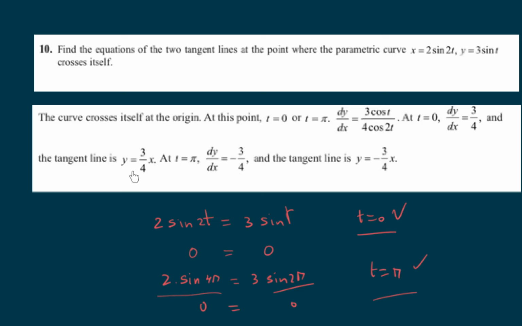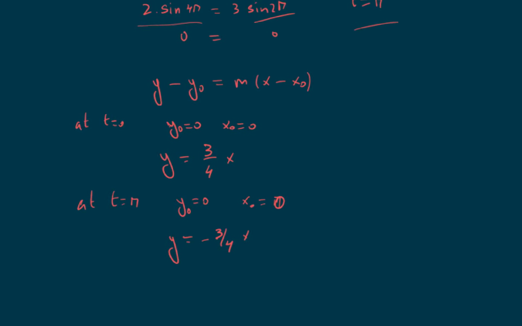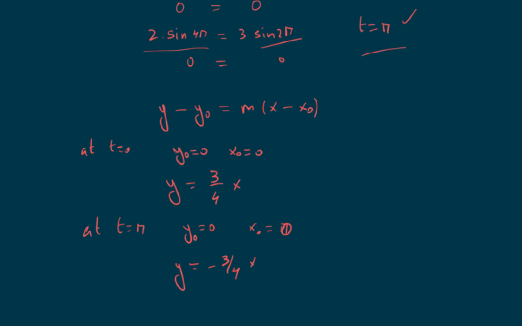And the tangent line is easy to find. The equation of the tangent line is y minus y0 equal the slope multiplied by x minus x0. For t equals 0, the y0 is equal to the x0, and both of them are 0.